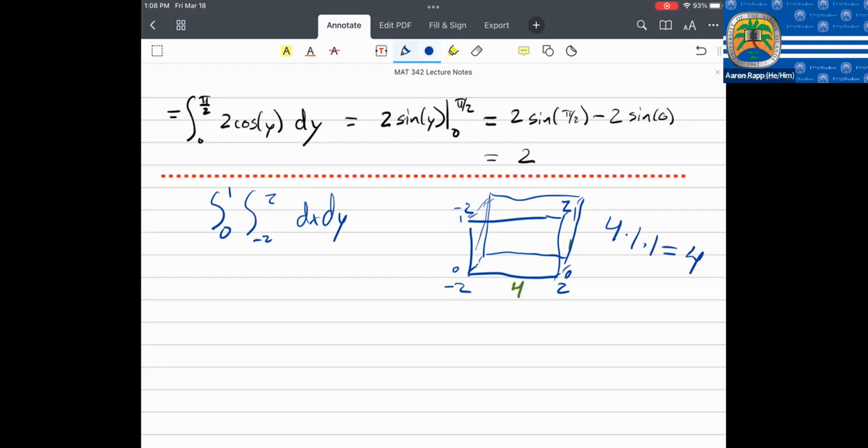Okay. So integration says first, integrate that inner integral with respect to x, and then whenever I figure out whatever that is, I integrate with respect to y. Well, what's the antiderivative of 1 with respect to x?